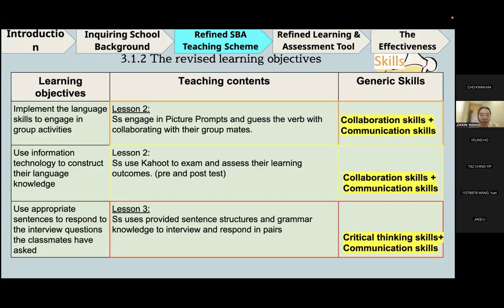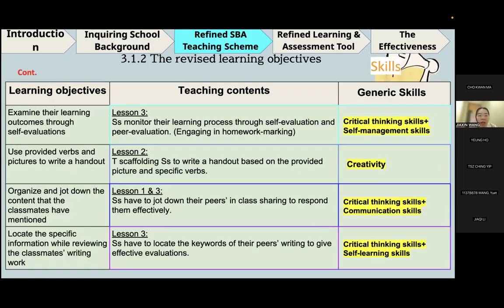Thanks, Grace. And then we will talk about the skills. So we can see we want to match the learning objectives to teaching contents in each lesson, and we want to develop students' generic skills like collaboration skills, communication skills, and also critical thinking skills. Next page, please. And also about skills, such as examine their learning outcomes through self-evaluations.